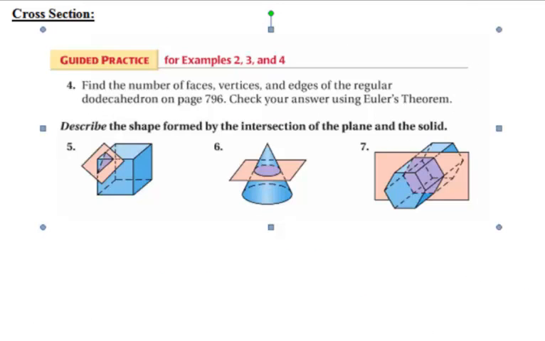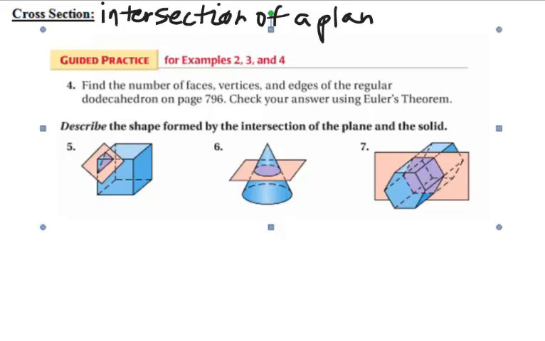Okay, a cross-section. A cross-section is an intersection of a plane and a solid. Okay, so basically we look at this as a little slice.